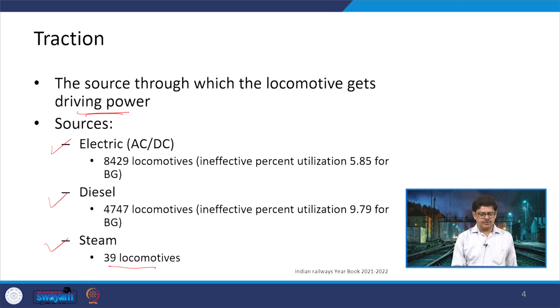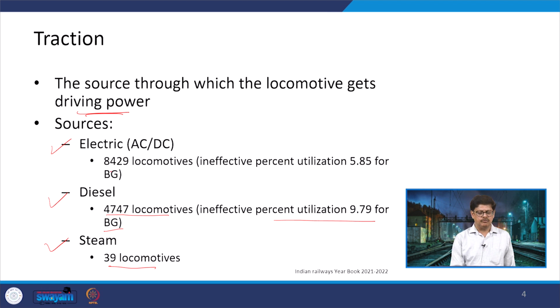We have 4,747 diesel locomotives, and for the broad gauge, the ineffective percent utilization is 9.79%. That means only this much are the locomotives not in use or not effectively used, but the rest are in use at one or another part of the track throughout the country.